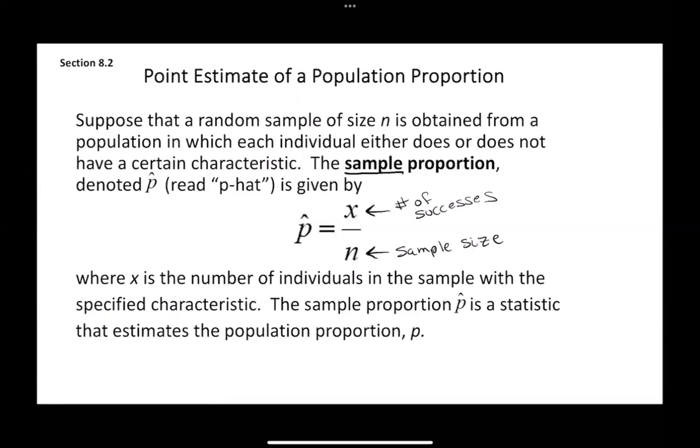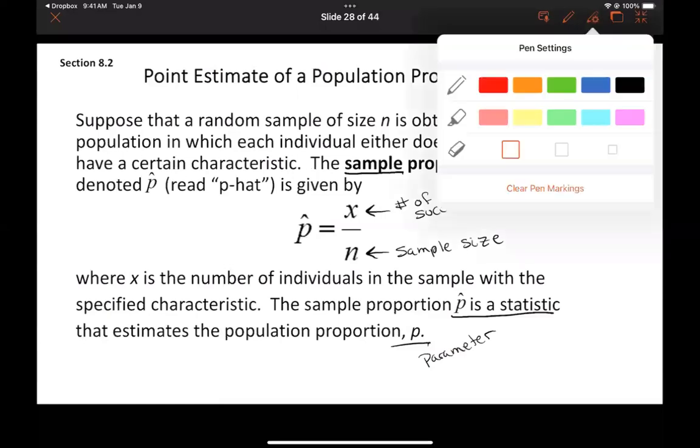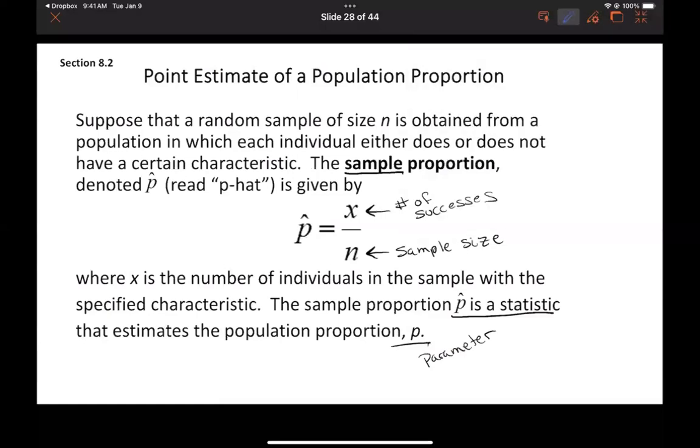So this is your p hat. This is your statistic that estimates the parameter. So p hat is a statistic. P is a parameter. Okay, let's move on.